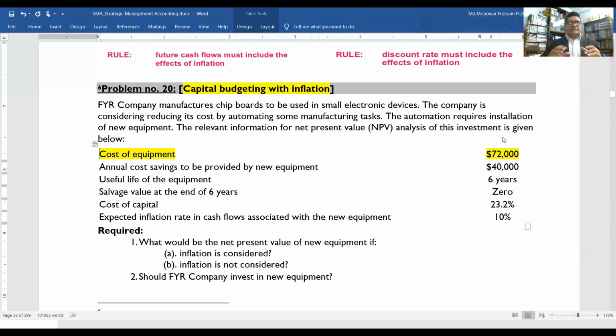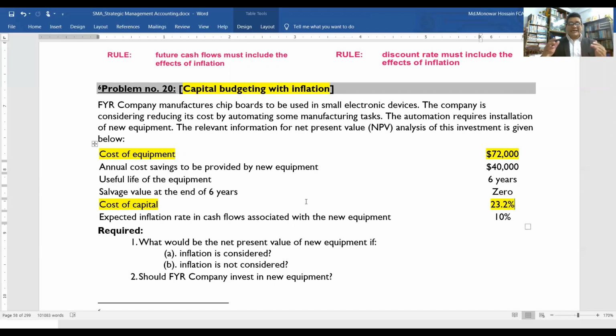Annual cost savings to be provided by the new equipment 40,000. Useful life of equipment 6 years. Salvage value after the 6 years is 0. Cost of capital 23.2%, and expected inflation rate in cash flow associated with the new equipment 10%.